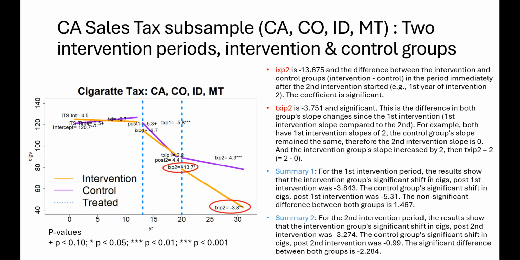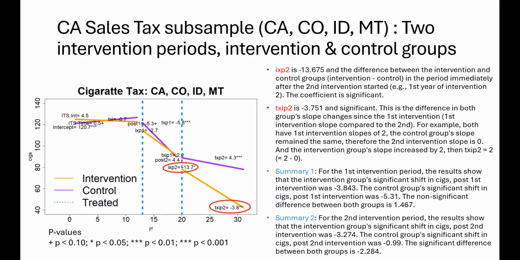For the first intervention period, the results show that the intervention group's significant shift in cigarettes post-first intervention was negative 3.8. The control group's significant shift in cigarettes post-first intervention was negative 5.31. The non-significant difference between both groups is 1.5 packs of cigarettes.